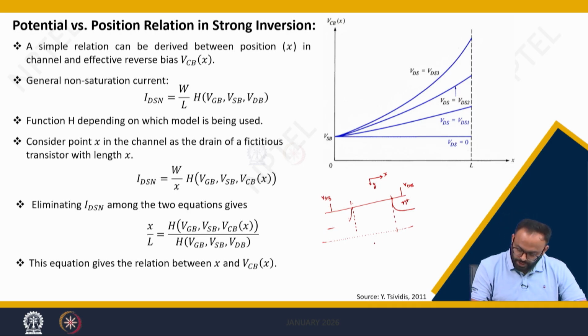If my channel exists between 0 and L, my carriers are moving like this and they are reaching the drain.